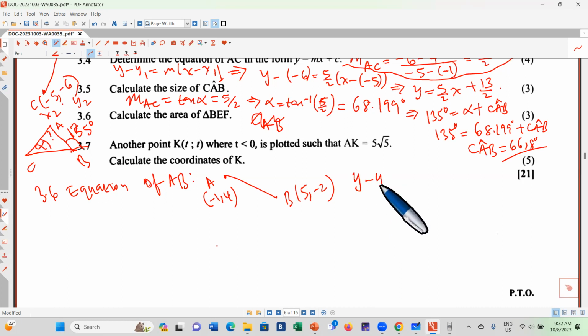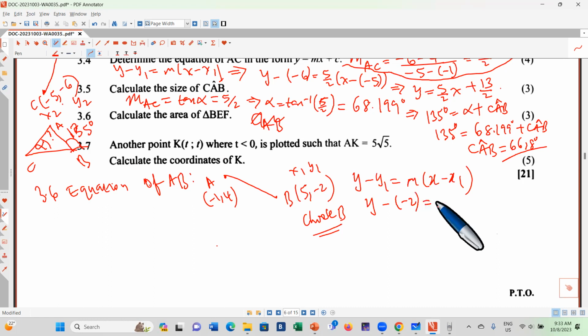Y minus y1 equals m, the gradient, into x minus x1. We choose any point on AB, so we can choose B, which will have x1, y1. So y1 is -2, the gradient is -1, into x minus 5, like this.